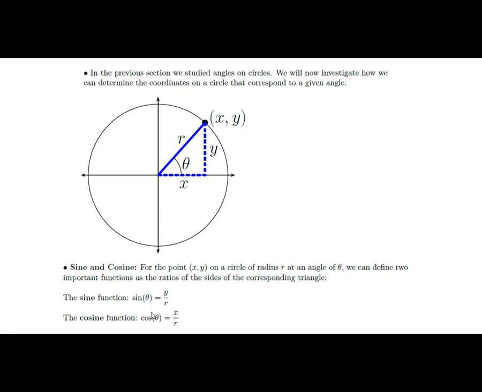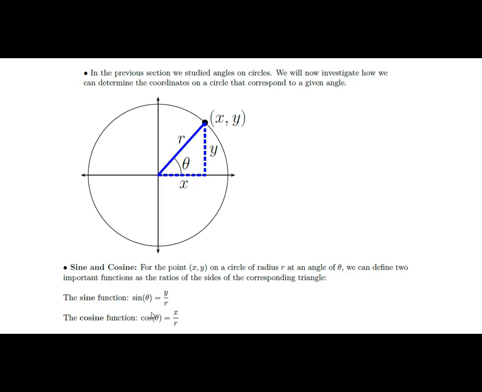All right, so we've done a lot of studying of circles and angles. So we are going to define two functions that give us information about a circle based upon the angle that I'm at. Okay?